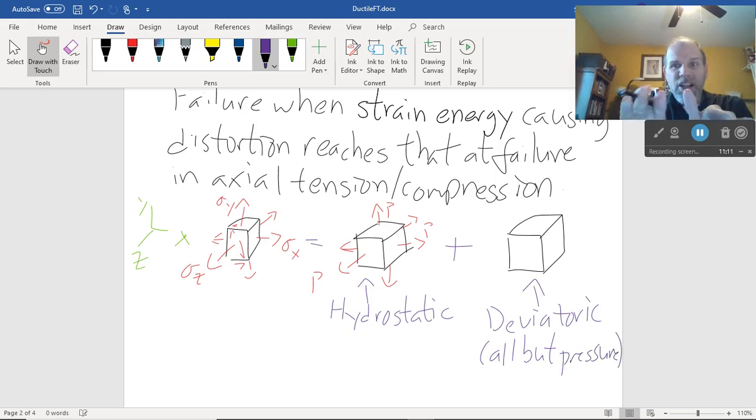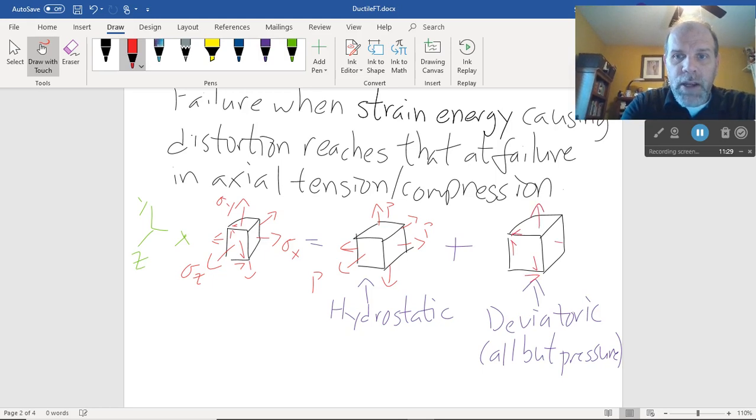So I can break any stress state, every stress state, three-dimensional, as complex as you wish. I can make it into a pressure part and an all but pressure part. And that deviatoric part can have axial stresses. It has all of your shear stresses. I'll give it this much right off the top. Here go your shear stresses, right? But there's going to be also some axial stresses. I said I wasn't going to draw stresses on here. I lied, right? I'll call them sigma x1 and sigma y1.